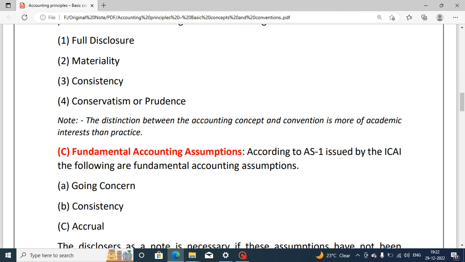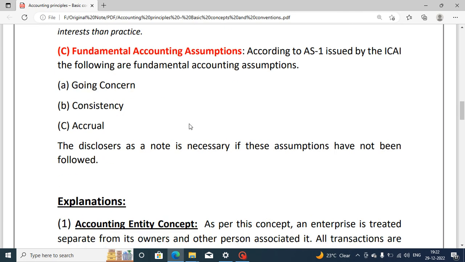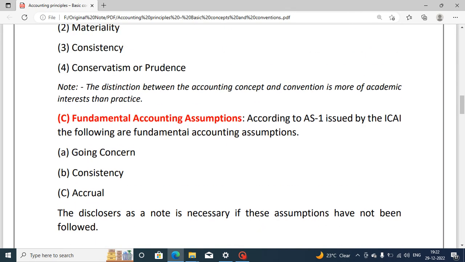The third category is fundamental accounting assumptions. These assumptions are fundamental in nature and every organization should follow them. It is mandatory. If some organizations are not following these assumptions, they are answerable and have to mention it.